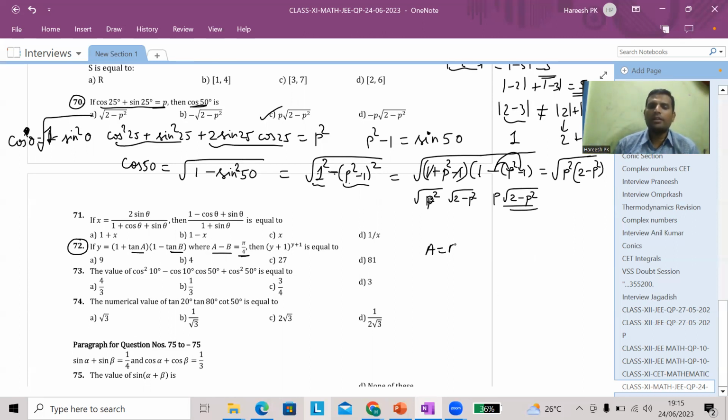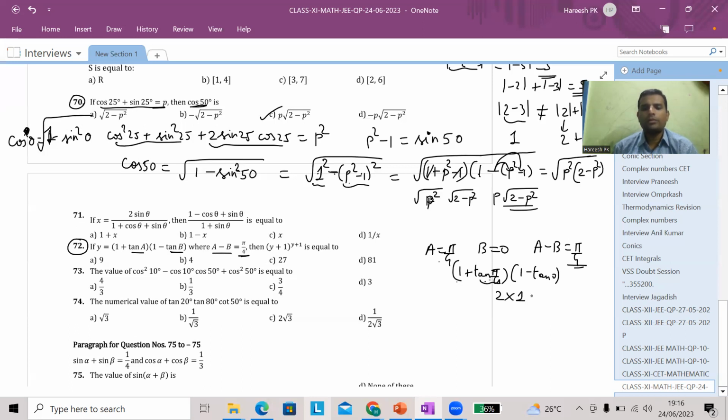I'll put 45 degree for A, and 0 for B. So A minus B, how much is A minus B? If we put 45 for A, you'll get 1 plus tan 45 and 1 minus tan 0. Tan 45 is 1. So 1 plus 1 is 2.